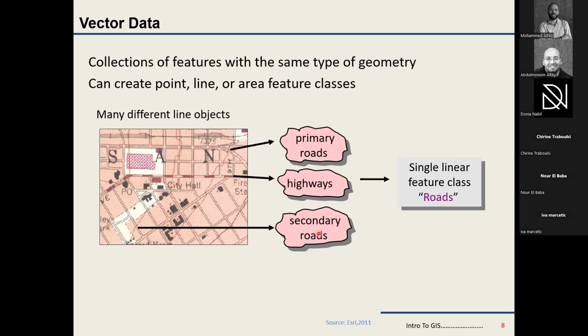That's it. But I can come to this feature class and say, okay, I'm going to add train tracks. Train tracks are not roads, they are lines, but they are not roads. Train tracks have different data. They are not primary or highway or secondary. They have different data: this is a line for freight trains, or this is a line for passenger trains, or this is a mixed line that carries freight and passengers.